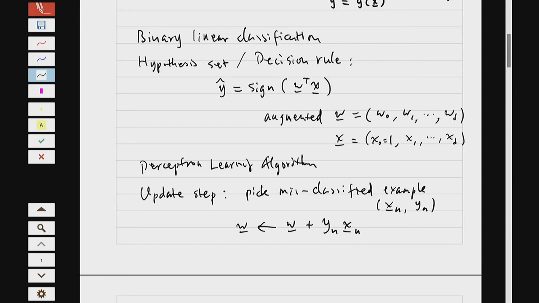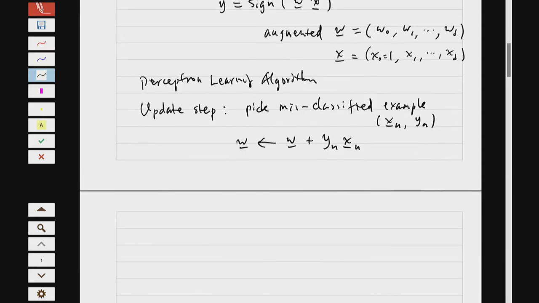That's what we have seen already. That's exactly what the perceptron learning algorithm does. That's all that it does, really. As long as you have misclassified points, pick any one of the misclassified points and update your w. And you keep doing this. And we saw an example last Wednesday that it works.